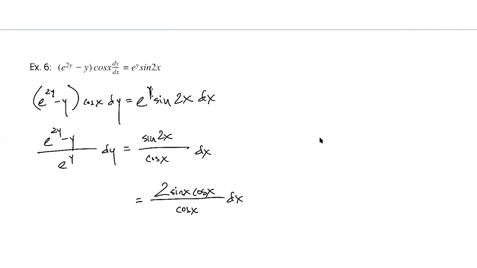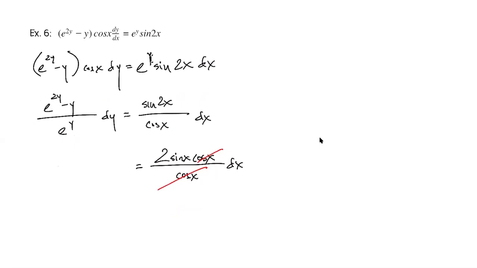So I've replaced it, which allows me to reduce the cosines, which means what I'm actually taking the integral of is 2 sine x dx. And that we can all do. So this one I think was a little bit trickier just because we needed to do a trig identity.